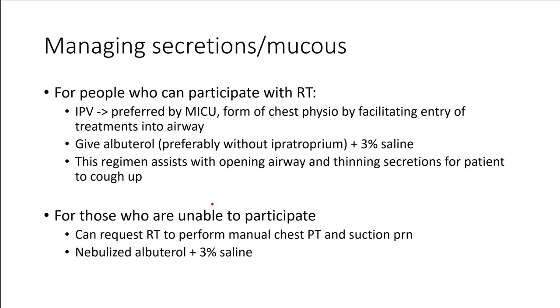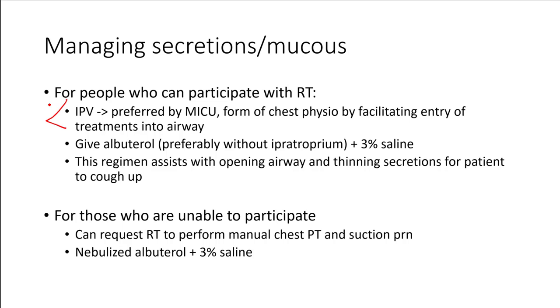Managing secretions and mucus, just like in the last slide, what I do is I work with RT, and I like this treatment called IPV, intrapulmonary percussive ventilation, I think it's called. In general, we use it in the medical ICU, and it blows air in with some pressure, and it involves the patient taking a breath while it's doing this.